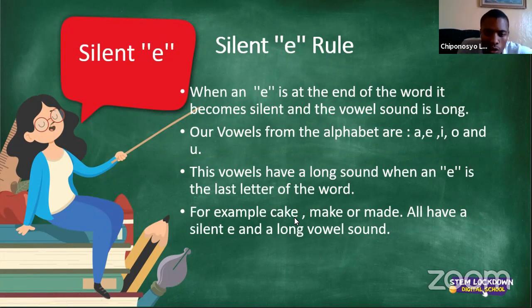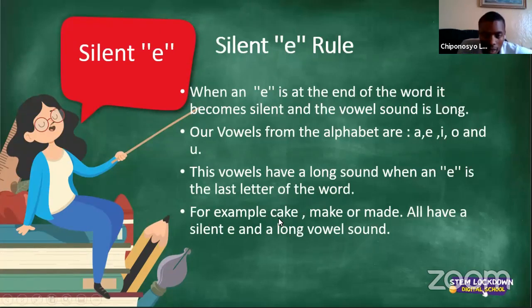You're basically only going to say out the C, the A, and the K. These are the sounds that you work on. So you're going to actually only say these ones out, and the E becomes silent.